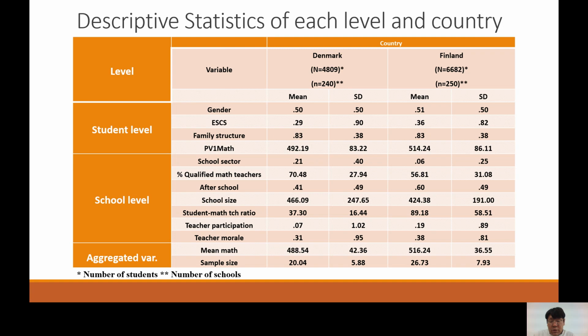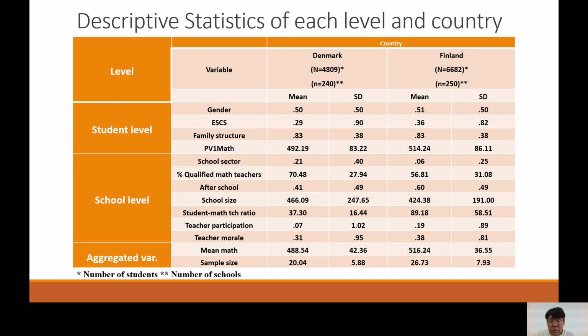And the small n represents the number of schools. Okay, so percentage of gender is very similar, and ESCS, the social, cultural, economic status, is relatively higher in Finland, and family structure is the same.